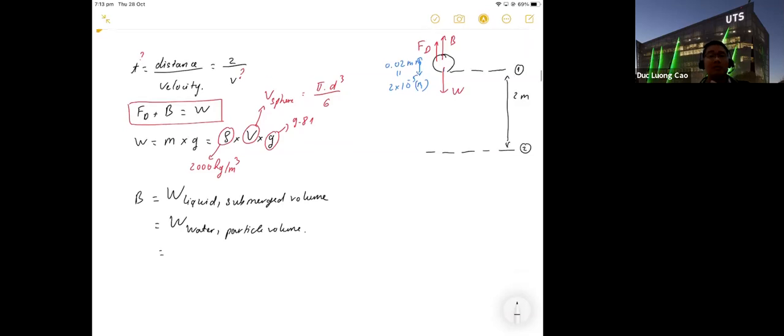You have a water particle, so it's the same equation for weight: rho of water times volume of the particle times gravity.